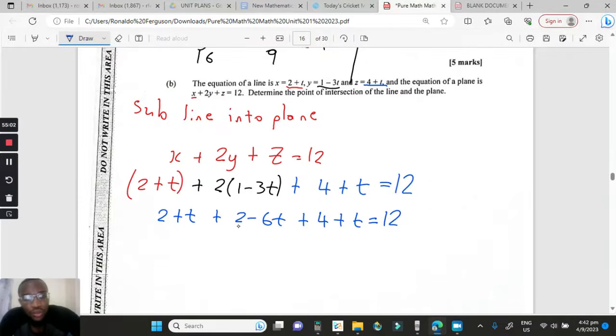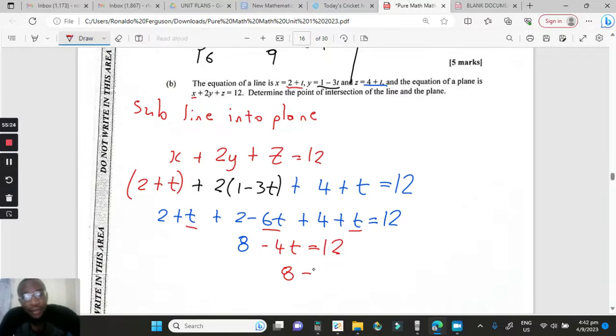Then 2 plus 2 is 4, 4 plus 4 is 8, then t minus 6t plus t, that's negative 4t, equal 12. I will then solve for t, so bring over and bring over.